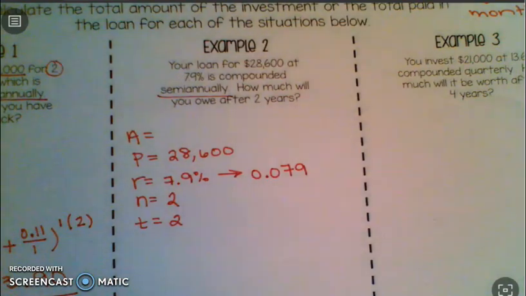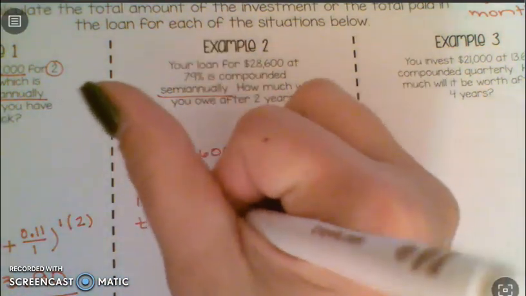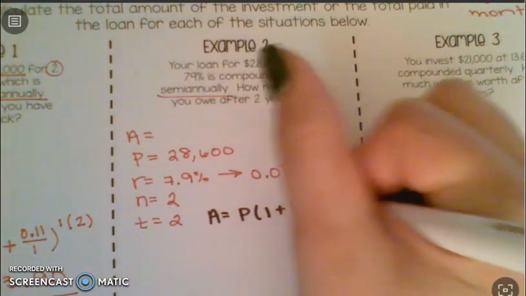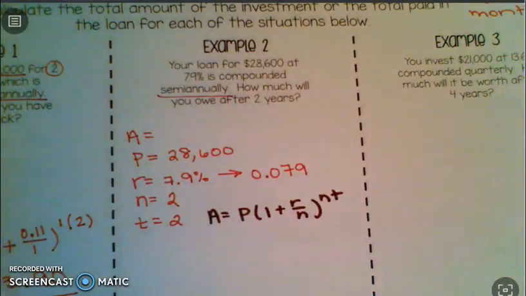So remember, the equation we are using is this. So go ahead and take a minute and plug in everything we have into the letters. And once you've done that, go ahead and unpause the video. So pause it and then unpause it once you have your equation.